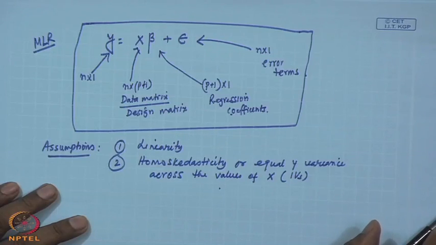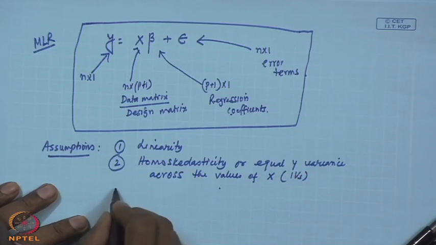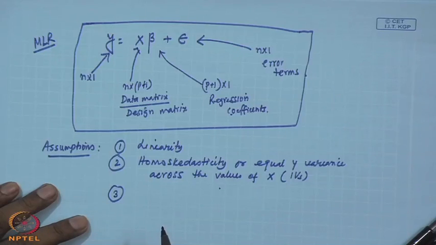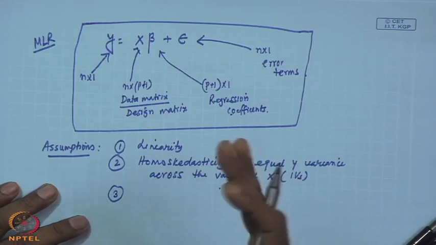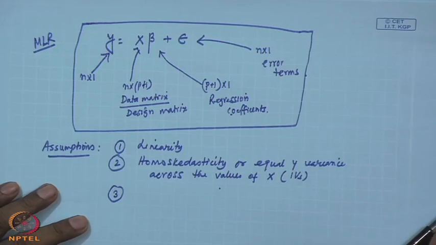I will show you how it is done. Equal y variance across x, y variability remains constant.